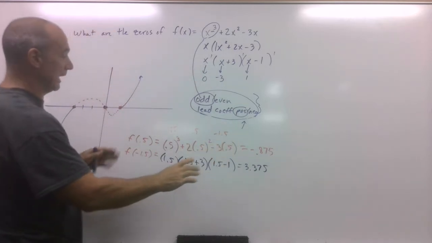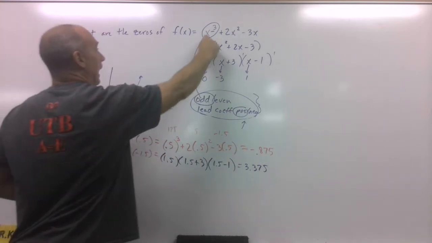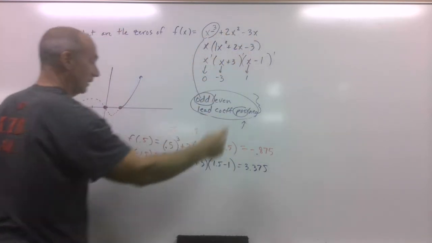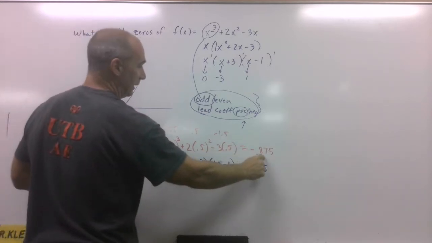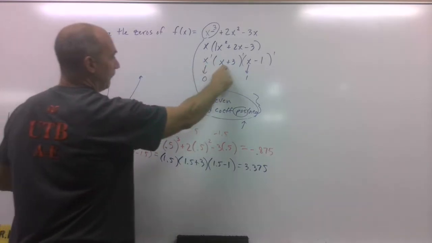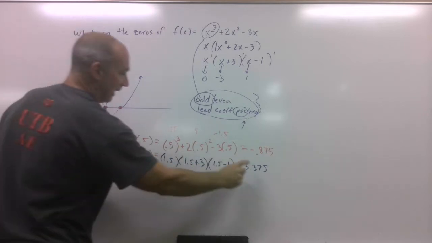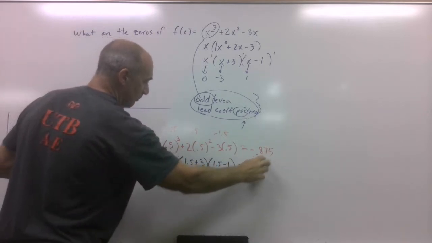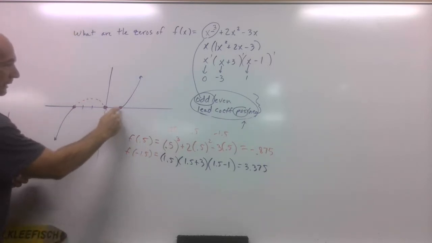Now, one thing I wanted to show you guys is on the red part, plugging in 0.5, I just plugged it into the original. And so just to show you, you can do both. And then I got -0.875. When I plugged in the -1.5, I actually put it in the factored form. Whatever you think is easier, it's the same thing. And I got 3.375.